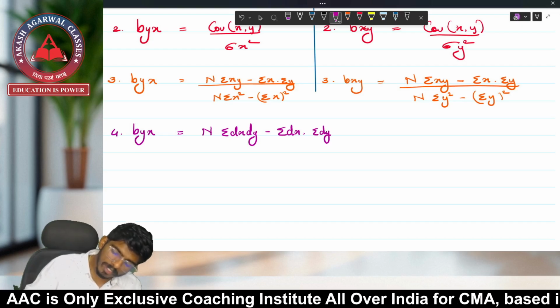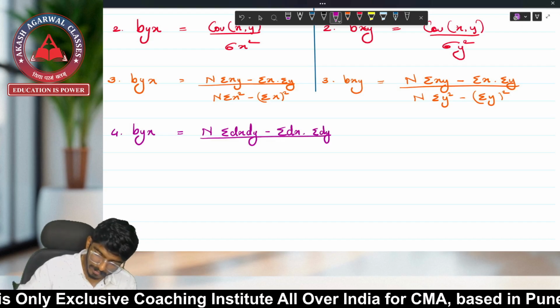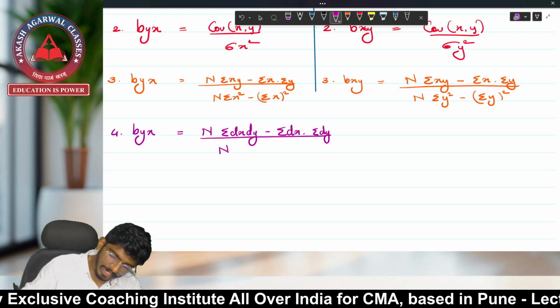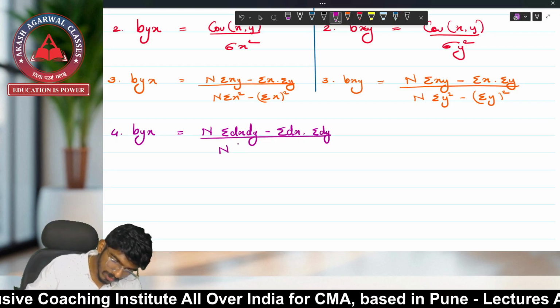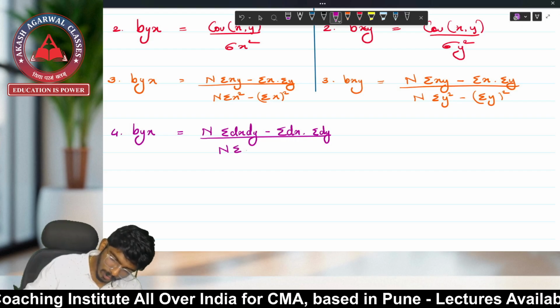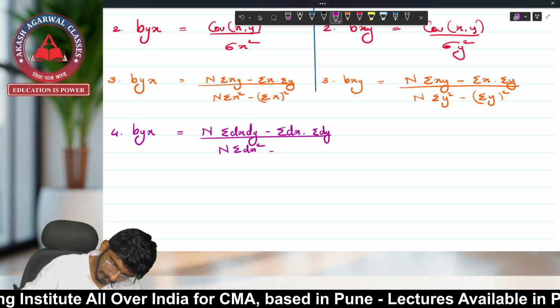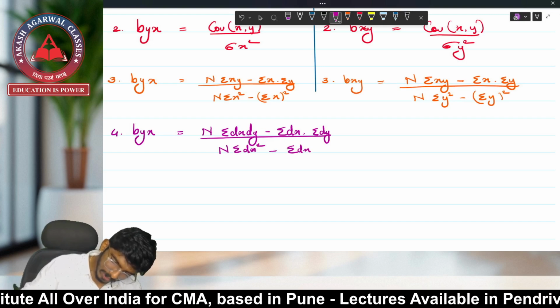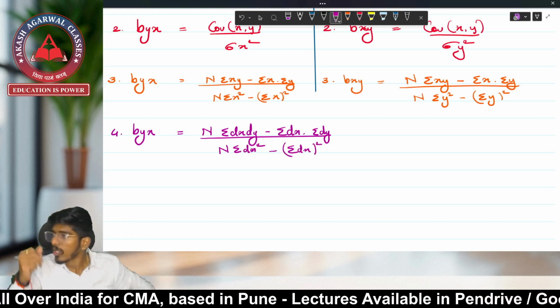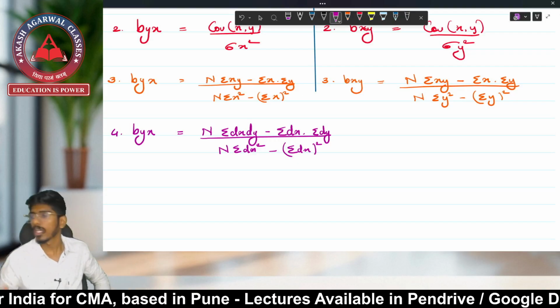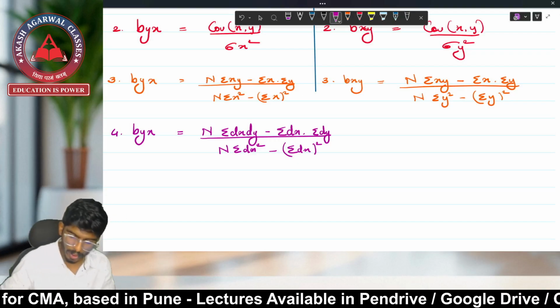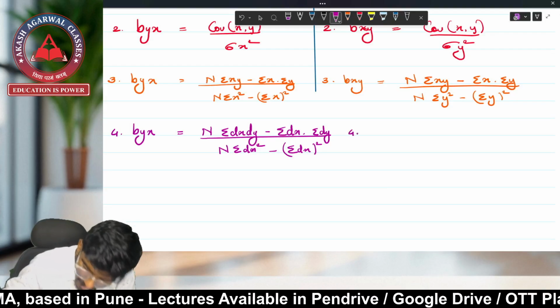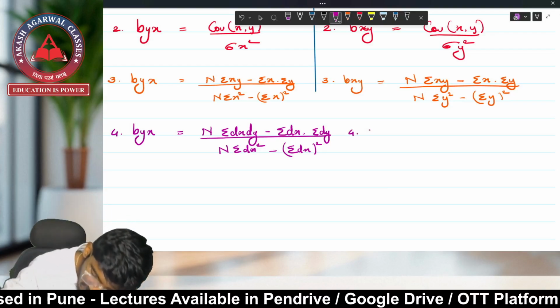Summation of y becomes summation of dy. Again, n in the denominator is constant. Again, x square becomes dx square. This becomes summation of dx the whole square. So only your x is being replaced by dx. So it is not that much difficult to learn the formulas.